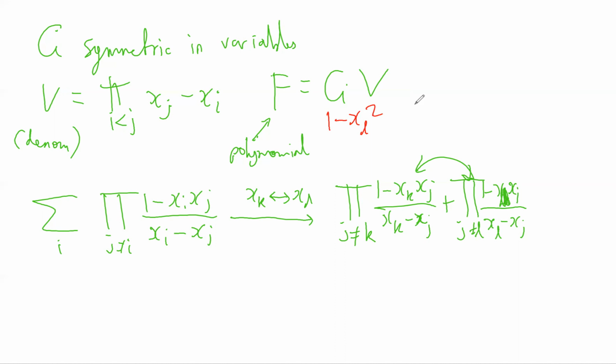So when k goes to L, the other L that was there went to K. Okay, so it is true. They just swap to each other. Okay, so this is symmetric.